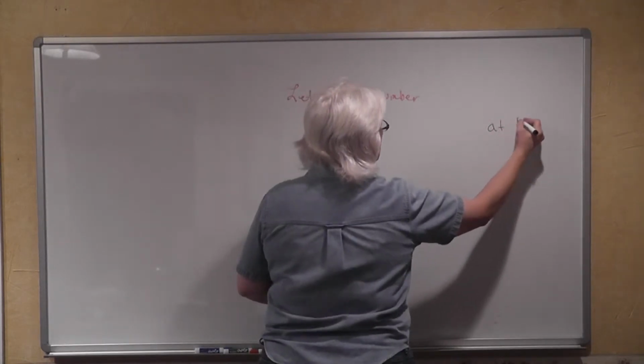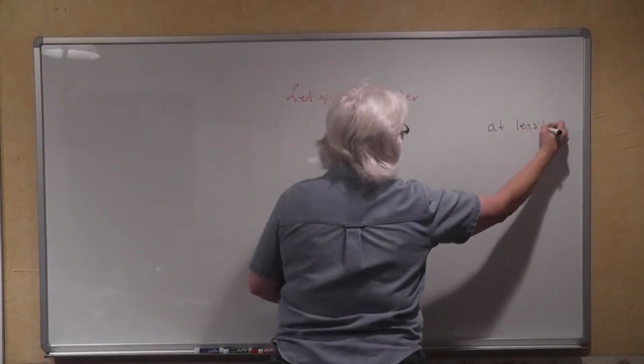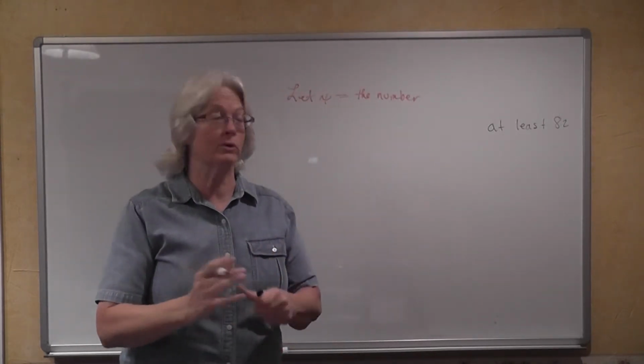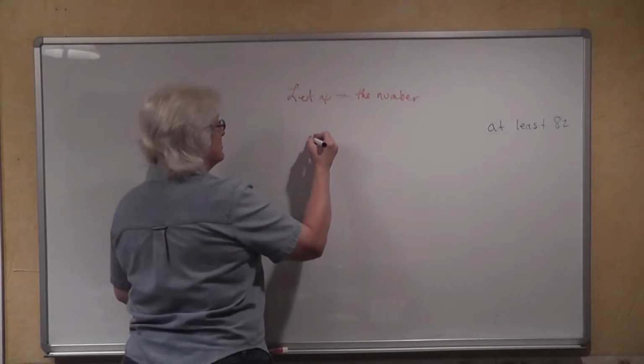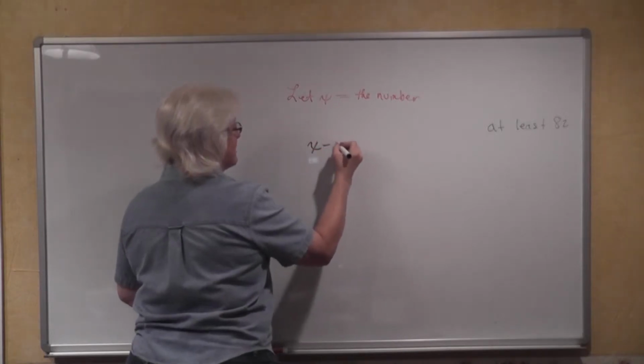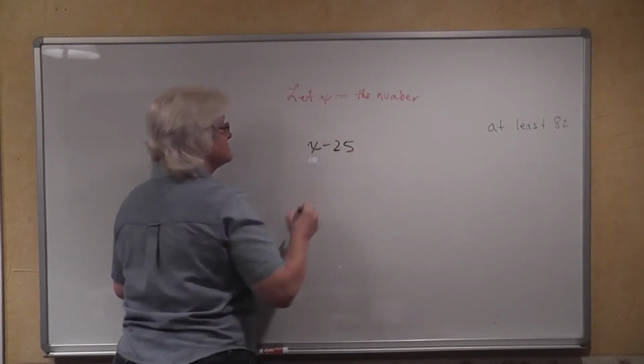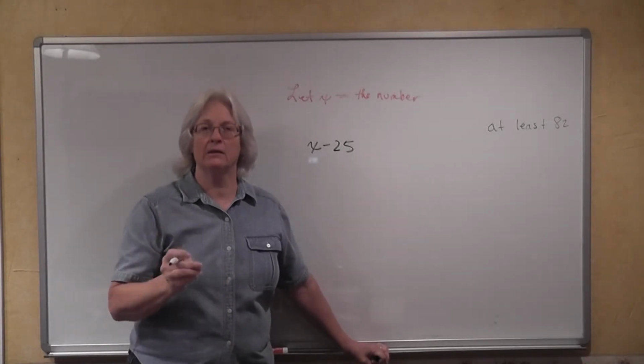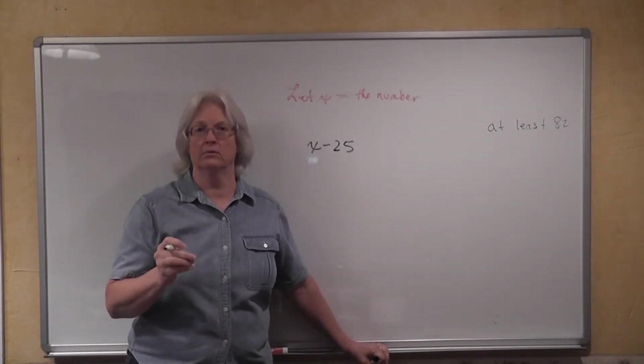At least. Same thing, the difference between a number and 25, difference is the result of a subtraction problem. The difference between a number and 25 is at least 82.